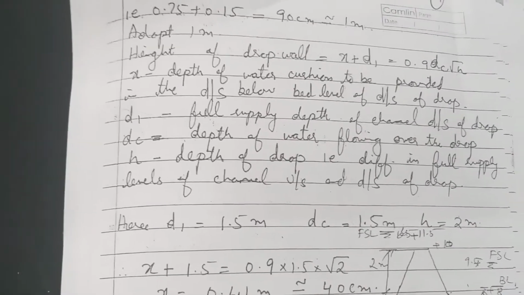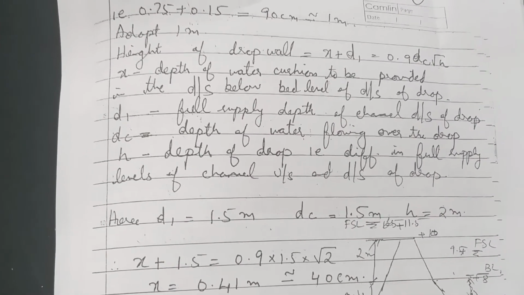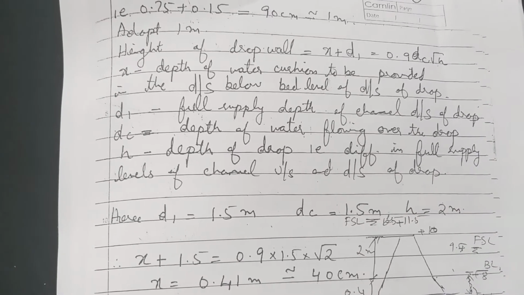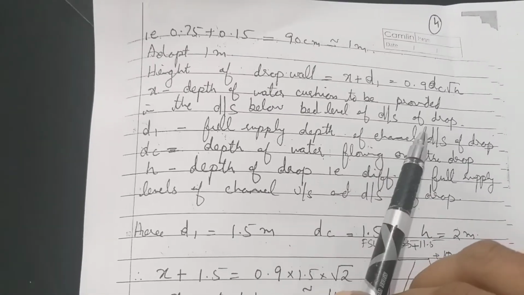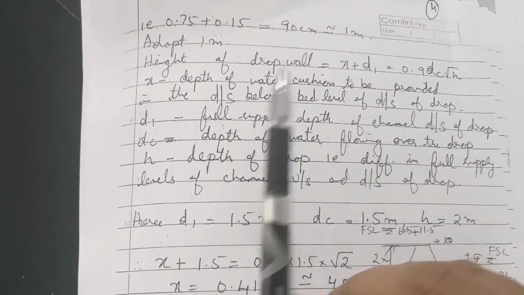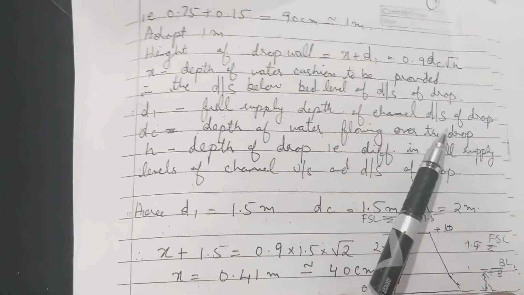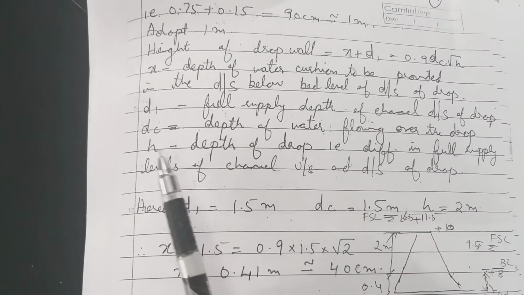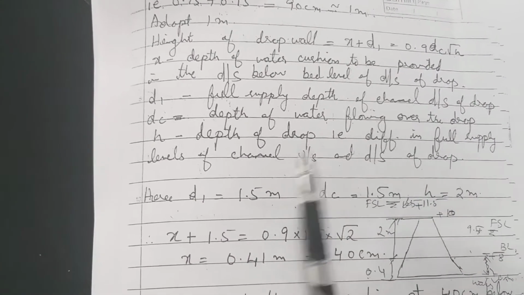Height of the drop wall, that is equal to x plus d1, which is equal to 0.9 dc into root h. Here x is the depth of water cushion to be provided in the downstream below the bed level of the downstream drop. D1 is the full supply depth of the channel downstream of the drop. DC is the depth of water flowing over the drop.